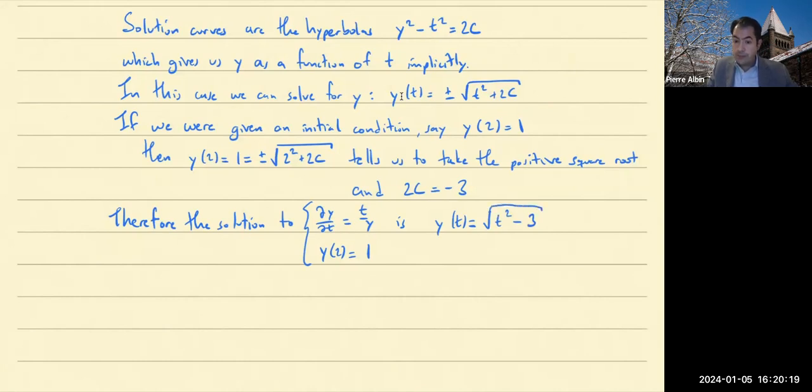Which we notice is defined for t greater than square root of 3.